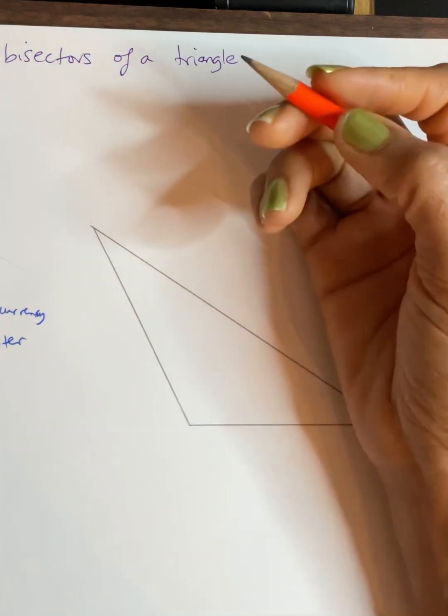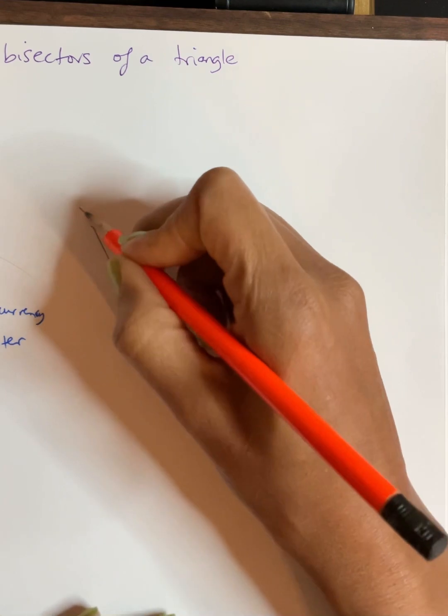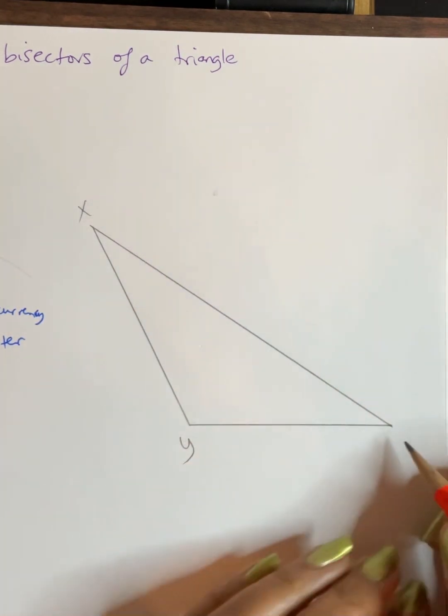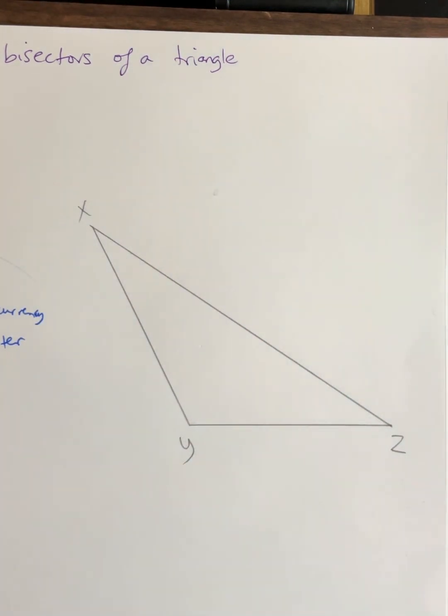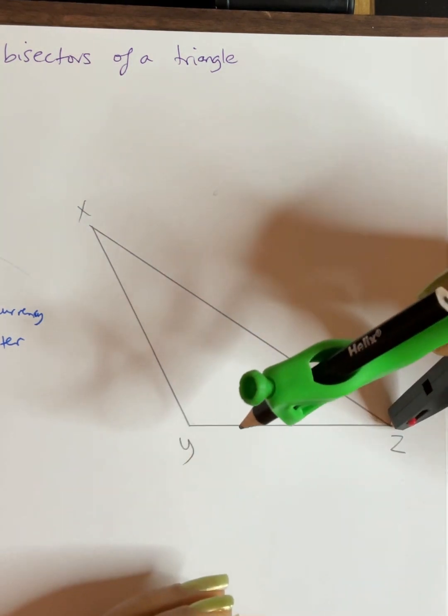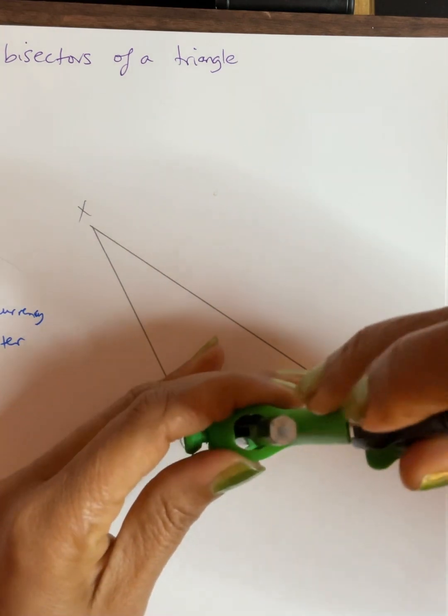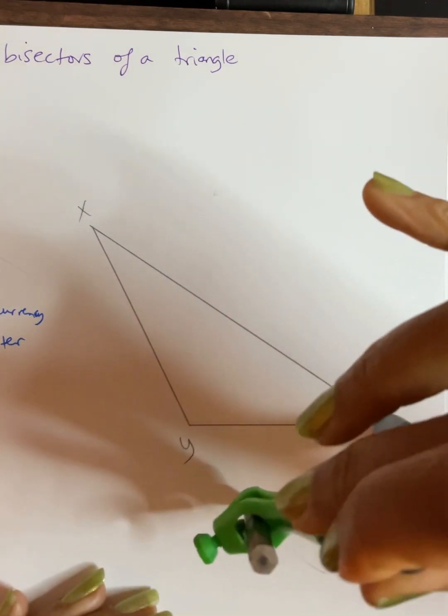And I'm going to label the obtuse triangle X, Y, Z, just to show you that it doesn't necessarily always have to be A, B, C. And I'm going to continue with constructing my perpendicular bisector.